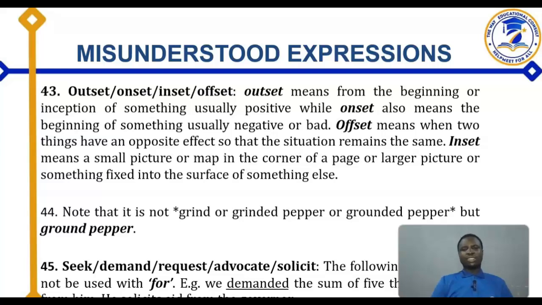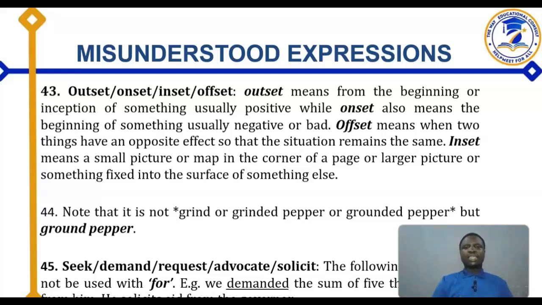So outset and onset both mean beginning, but outset is usually used for positive, while onset may be something bad. Then offset means when 2 things have an opposite effect, so that the situation remains the same. So you have an offset. 2 consequences, 2 opposite effects, but the situation still remains the same. Whether to the left or right, still the same thing.